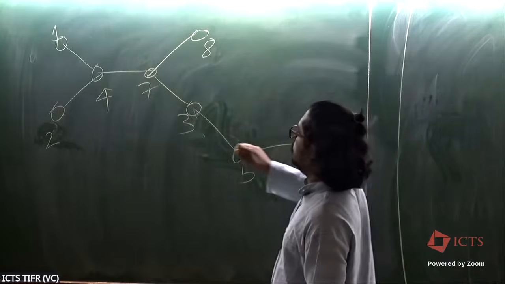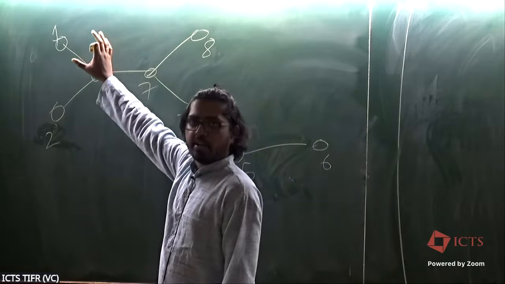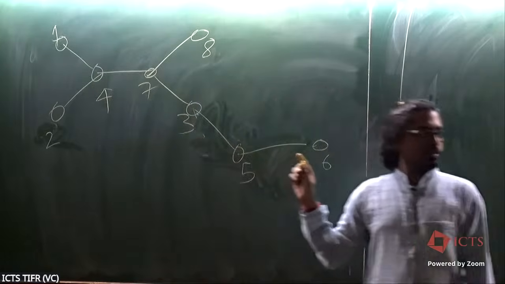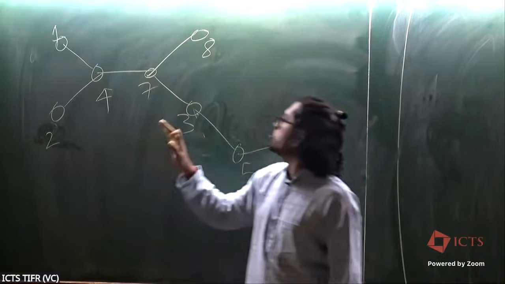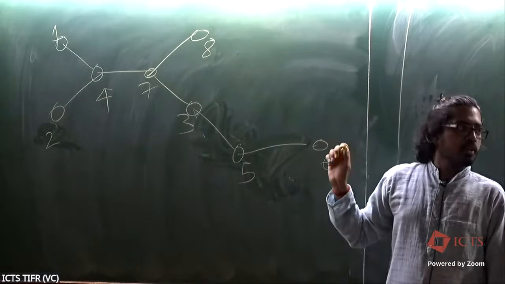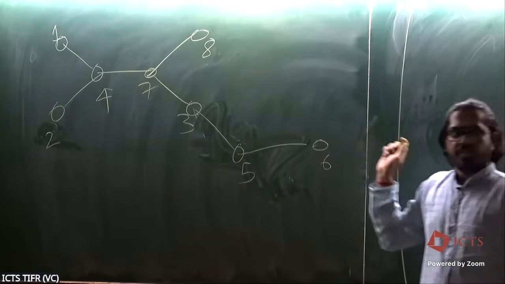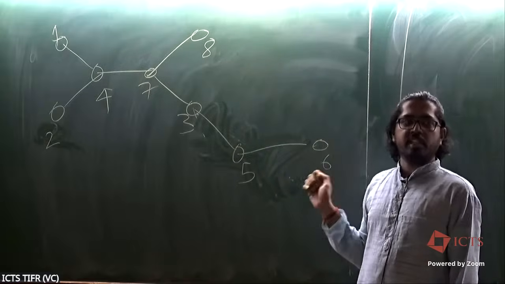Pick the leaf with the smallest label and record its neighbor, because it has a unique neighbor. When I say a leaf, I mean a degree 1 vertex, like 1, 2, 8, these are leaves. So it has degree 1, so it has a unique neighbor. So first pick the leaf which has the smallest label, and record its neighbor.